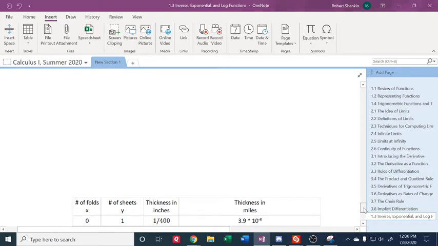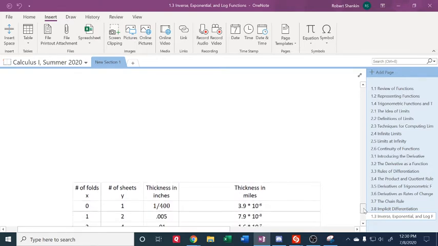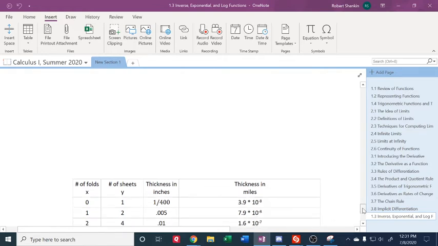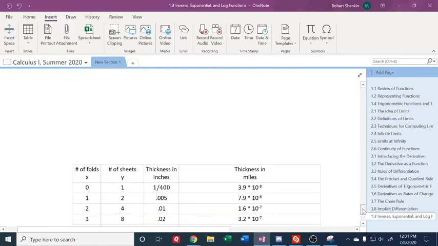Now, every time you do another fold, it doubles the number of sheets. So converting this to decimal and then multiplying by 2, how many miles? And you see I kept doing this.